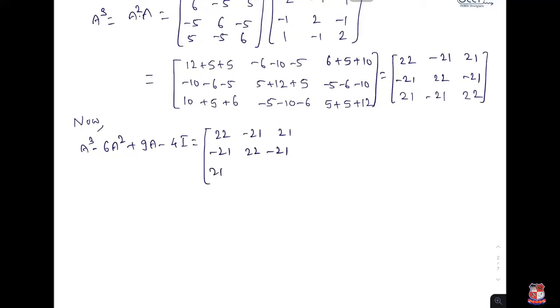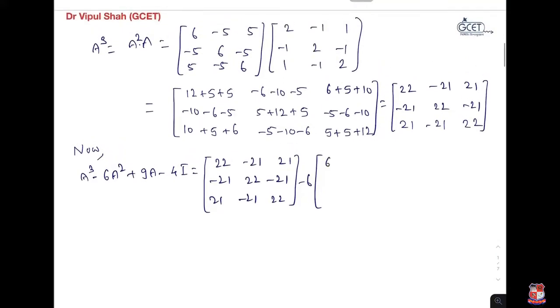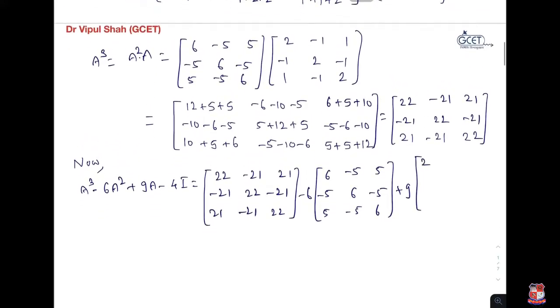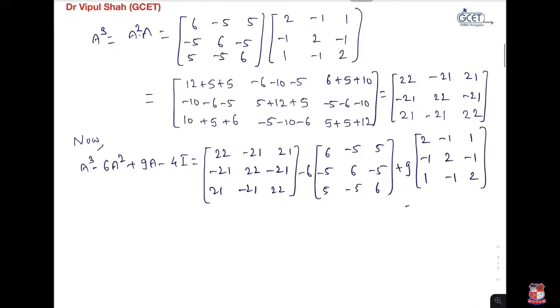Minus 6 A squared, where A squared is [6, -5, 5], [-5, 6, -5], [5, -5, 6], then plus 9A, so 9A is [2, -1, 1], [-1, 2, -1], [1, -1, 2], and minus 4I, so minus 4 times [1, 0, 0], [0, 1, 0], [0, 0, 1].